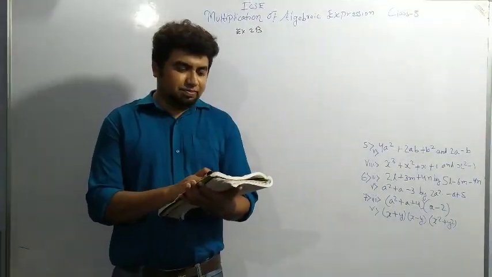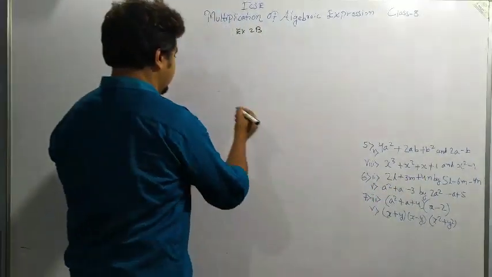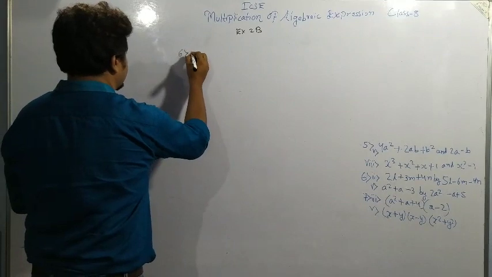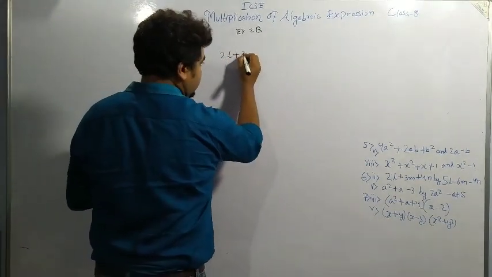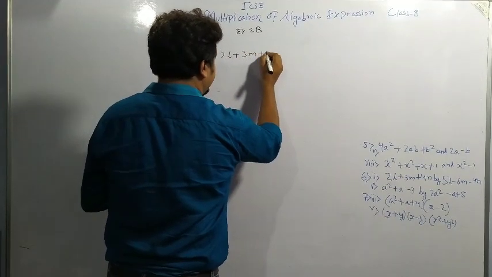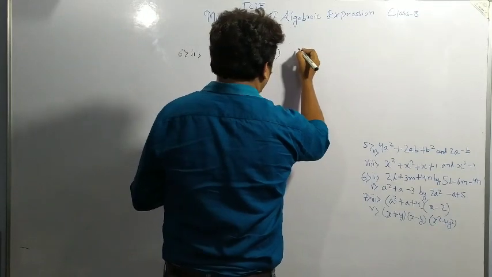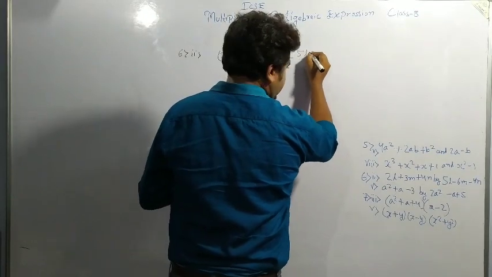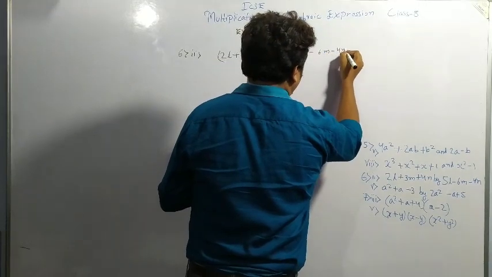Okay. Now 6 bit 2. It is given 2L plus 3M plus 4N and 5L minus 6M minus 4N.